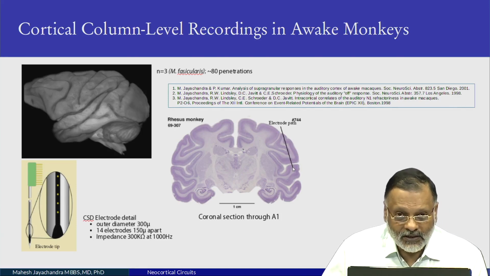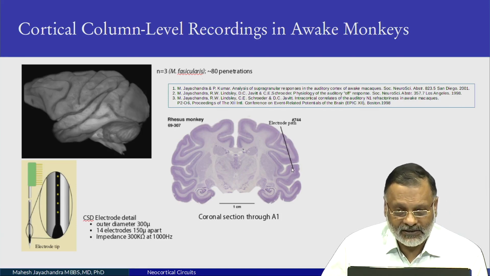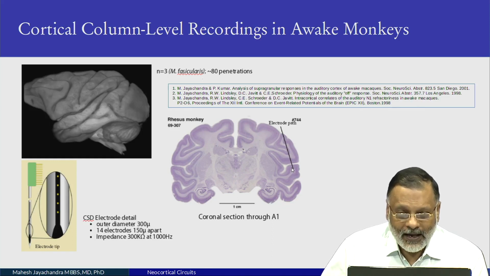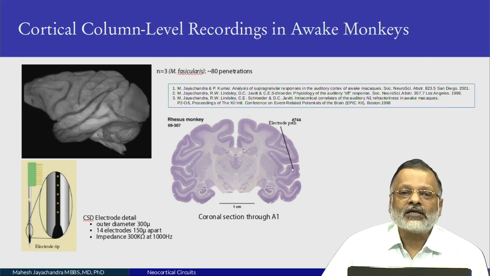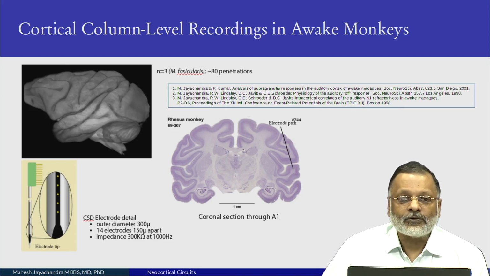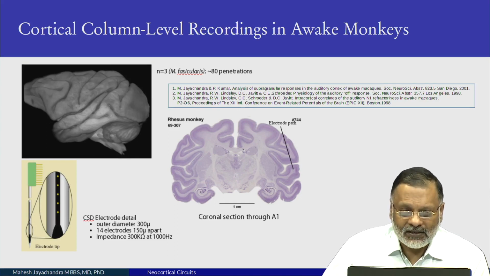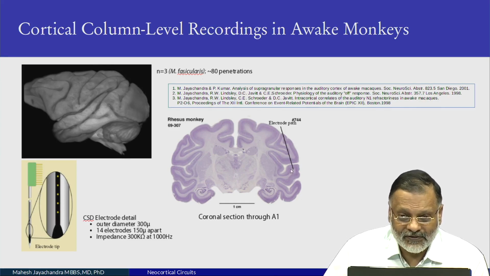Now, how do we know it's the auditory part of the brain? Well, we do stereotaxis, so we know the XYZ coordinates where the auditory cortex is. And also, to be sure, we check the histology at the end of the experiment, to make sure the electrode is where we think it was. Without histology, we're not sure. So histology is a very important part. That's why anatomy is a very important part of neuroscience.